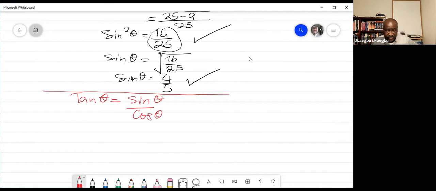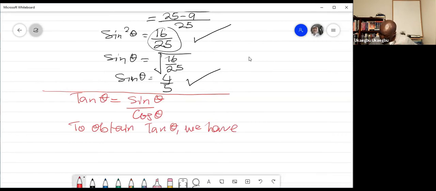Remember? So if that is the case, in order to obtain tan theta, we just obtained sine theta.